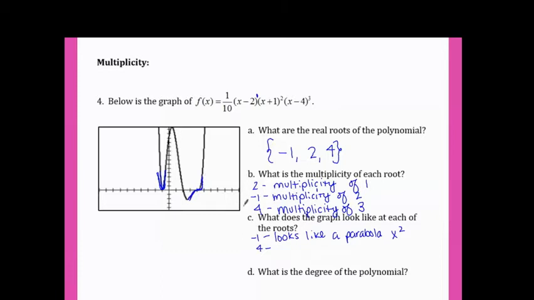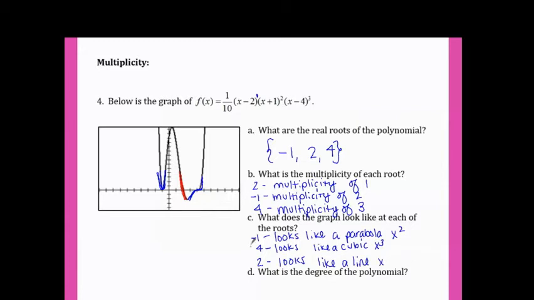What do we know makes that shape? Looks like a cubic, x cubed. And if we look at just the part where it crosses at 2, that looks like a line, which is represented by an x.